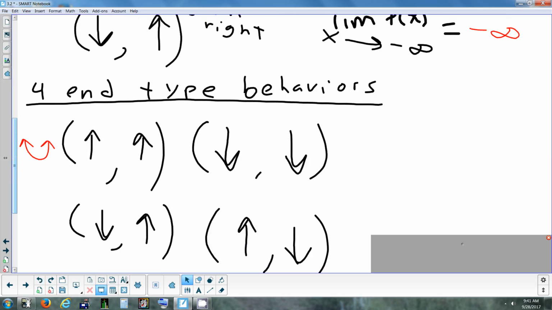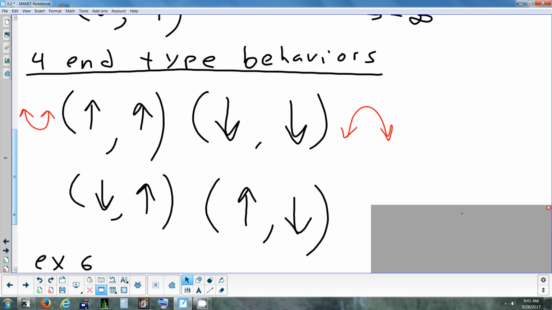You could flip the parabola over. That's an example of end behavior that's down, down. And then if you want one up, one down, that's like a cubic. I just showed you one. And you could mirror image it, and instead of down, up, it could be up, down. And so those are your four types of end behavior.